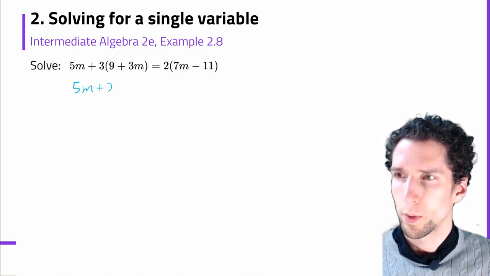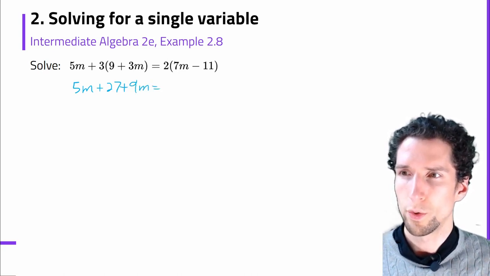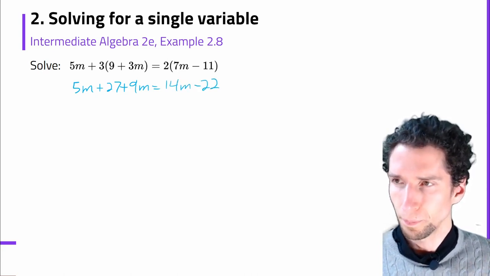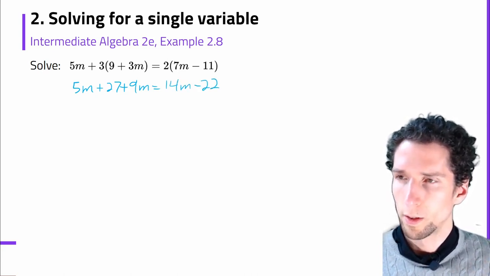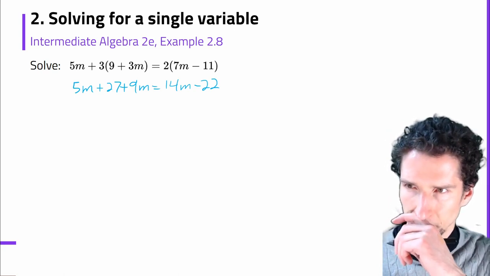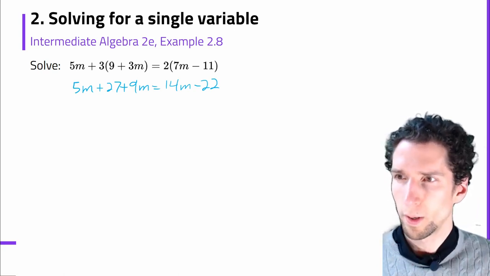5m plus 27 plus 9m, and on the right side 2 times 7, 14m minus 22. Okay, so 5m plus 9m, let's just gather first.